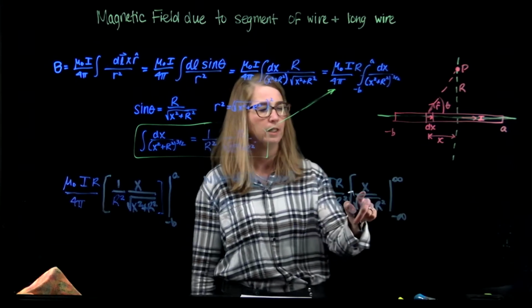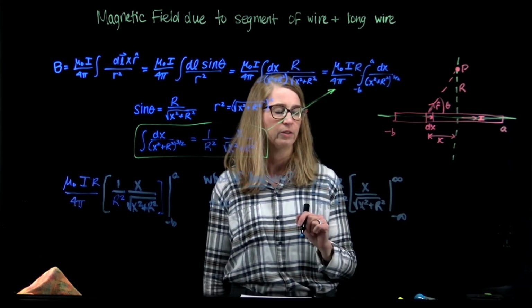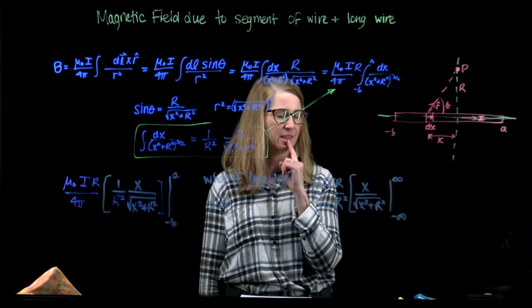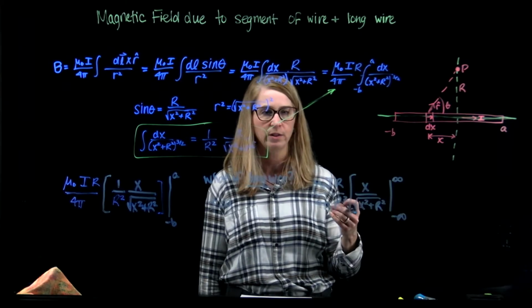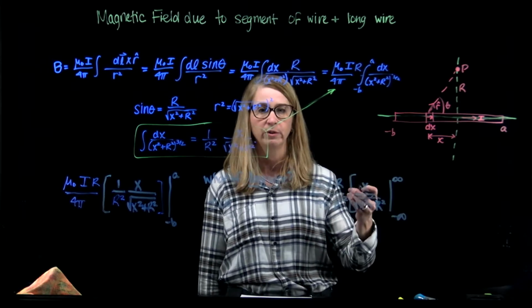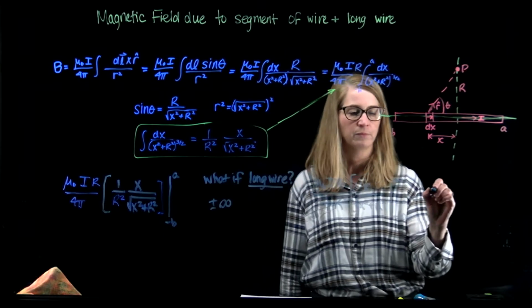And so if I do this, I would also say it would be twice what I would get if I went from 0 to infinity. It would be twice as big. And so let's look at that.